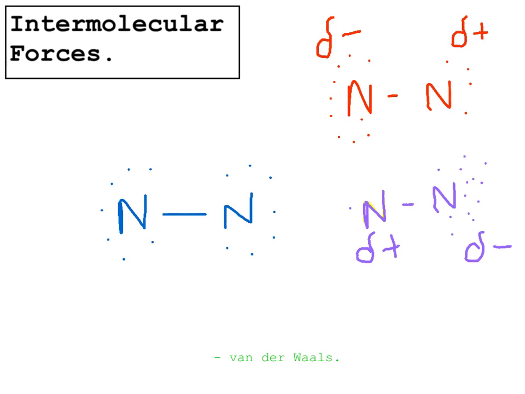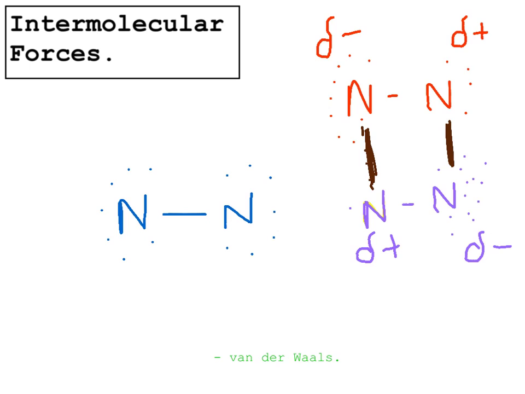So these two ends are going to attract each other, and those are what van der Waals forces are. Now they're very weak because as soon as these dipoles are created by the movement of electrons, they're destroyed again because the electrons are just going to move somewhere else. And because they are instantaneous and don't last very long, the forces are very, very weak.